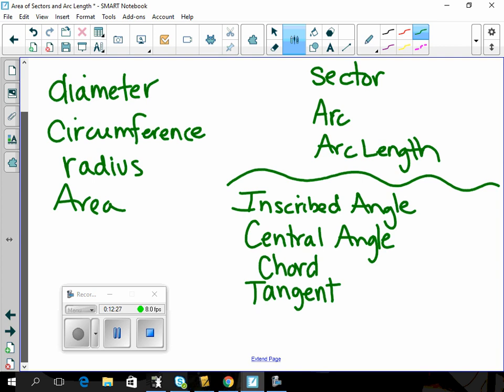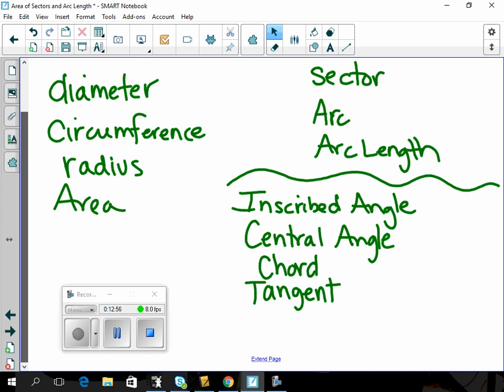Completely different. I know, right? Welcome to the English language. It's messed up. This tangent is tangent to a circle, not tangent in a right triangle. It's not the function tangent, like sine, cosine, tangent on your calculator. This is an actual thing. It's a segment that touches a circle in exactly one place. Totally different.